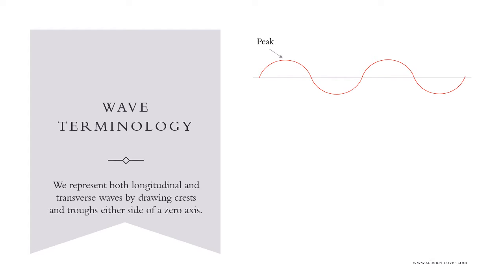The peak is the highest point of the wave, and the trough is the lowest point of the wave. We can calculate the wavelength of a wave by taking two peaks and working out the distance between them. The length between these 2 points is known as the wavelength.